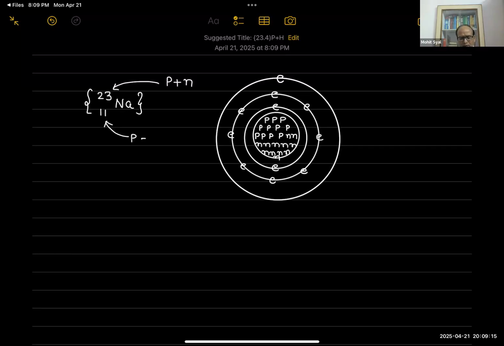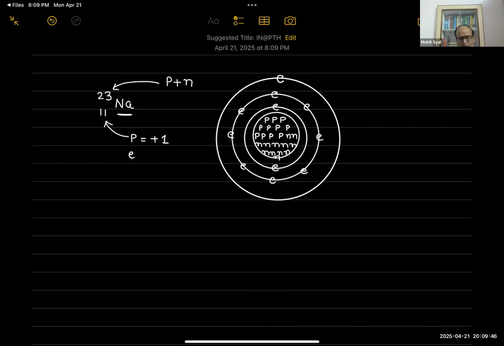Protons are positively charged, plus e, a +1 charge. Is there any charge mentioned on the symbol? No, sir. It means the charge is neutralized.